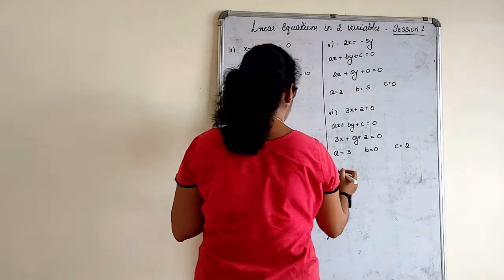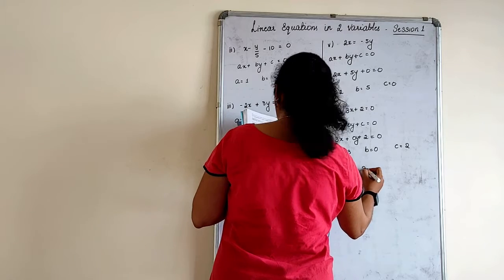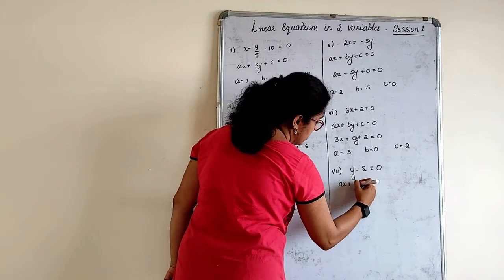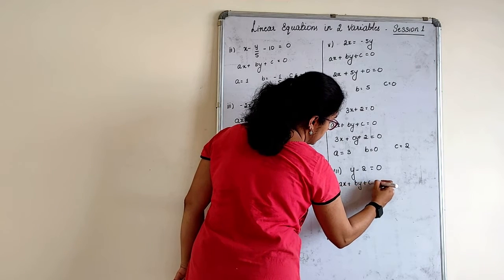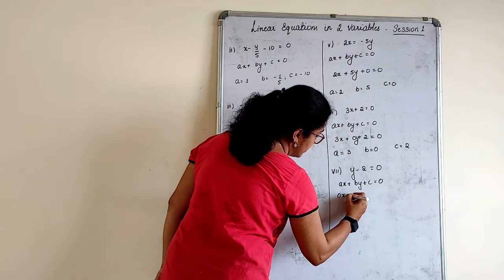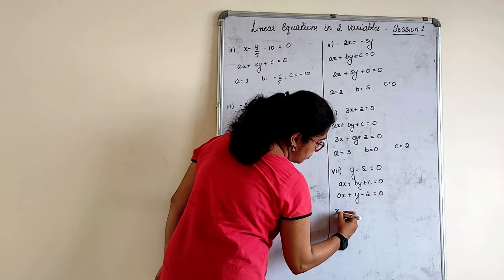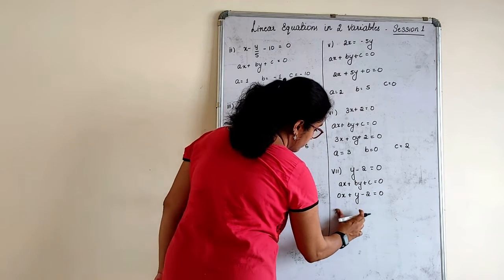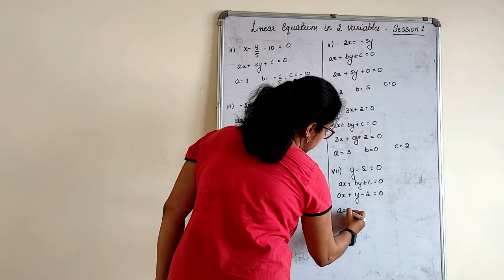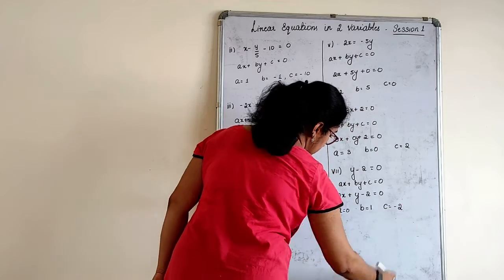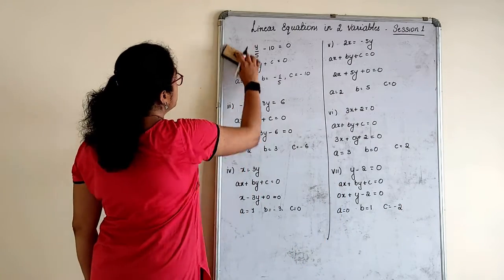Seventh one, y minus 2 is equal to 0. Ax plus by plus c is equal to 0. 0x plus y minus 2 is equal to 0, where a is 0, b is 1, c is minus 2.